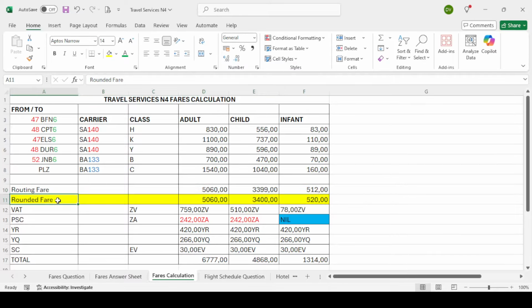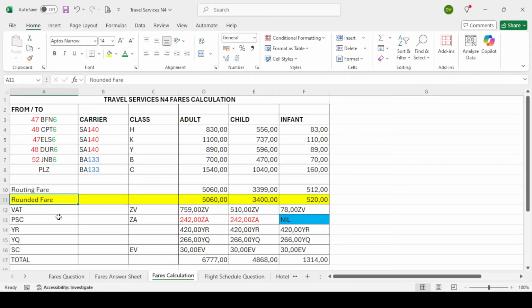To get the rounded fare, you're going to round up to the next 10 Rand. If it's already round, you leave it. It stays the same. To work out your VAT, you work out 15% of the rounded fare.